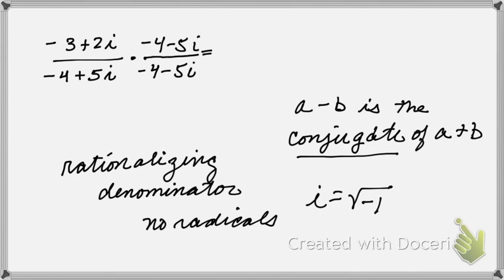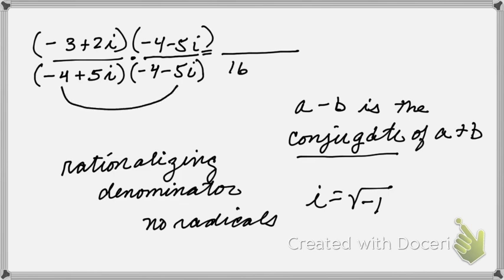So multiplying here, it's a couple of FOILs, right? Let's put the parentheses here to help us see the FOIL a little bit more clearly. In the denominator, I've got negative 4 times negative 4 is 16. And then negative 4 times negative 5 is 20i.